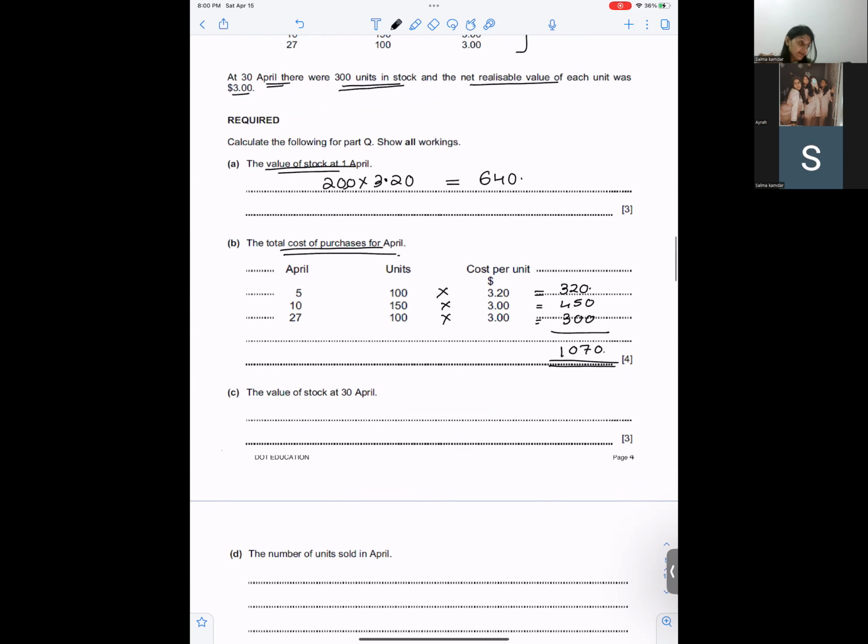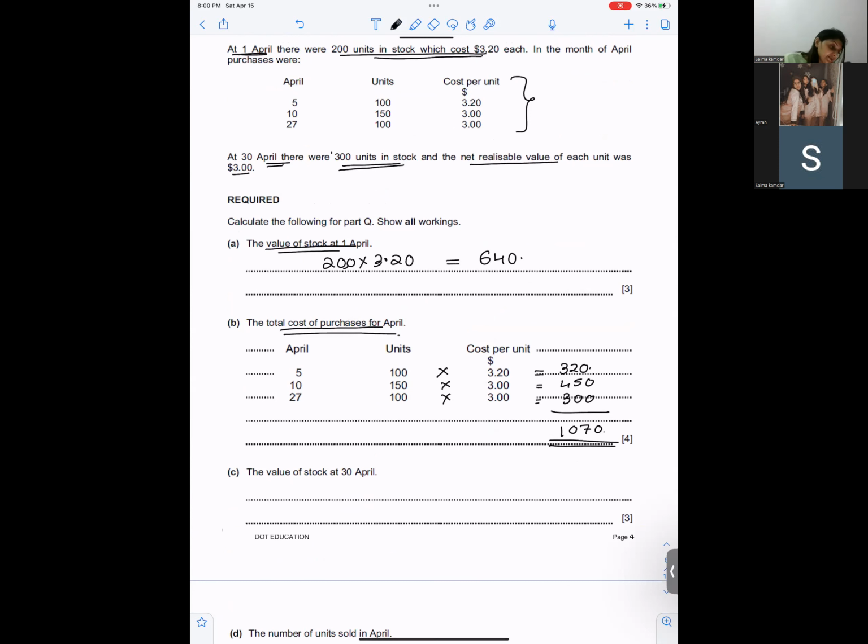Now your closing inventory, 300 units. Now these 300 units have to be valued at cost or NRV, whichever is lower. And we follow the method of FIFO. The method of FIFO tells you that the stock you purchase first is sold out first.